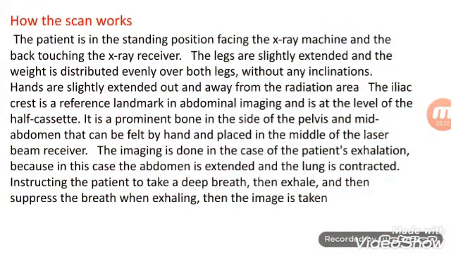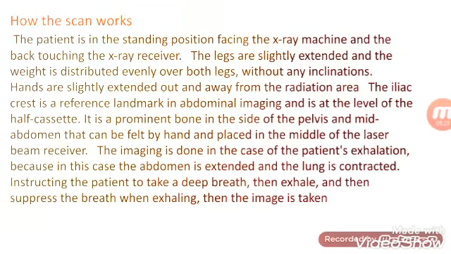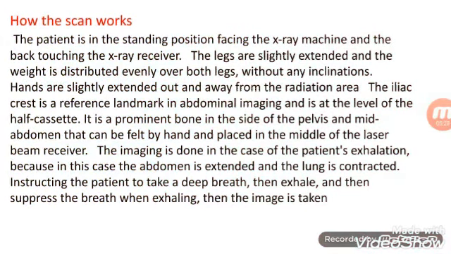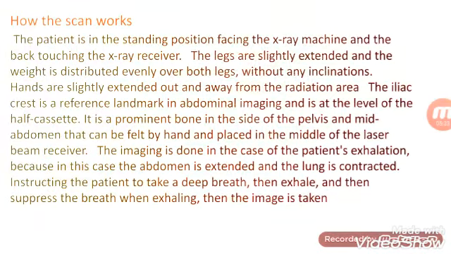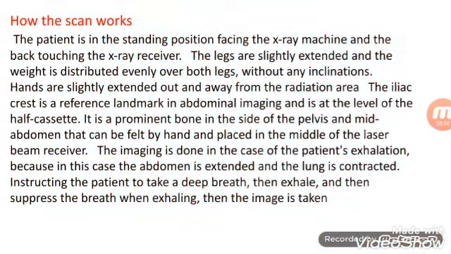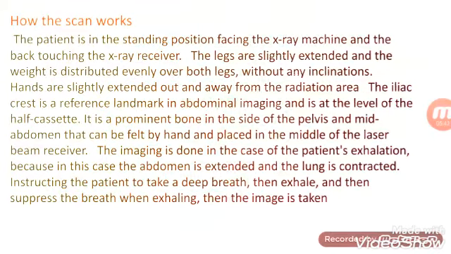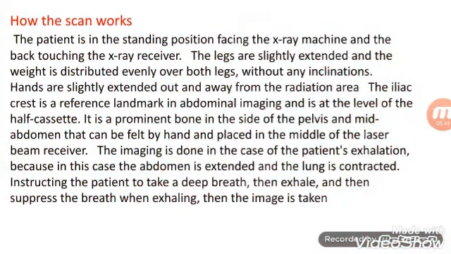The iliac crest is a landmark in abdomen imaging and is at the level of the half cassette. It is a prominent bone at the side of the pelvis and mid-abdomen that can be felt by hand, and it is balanced in the middle of the laser beam receiver.